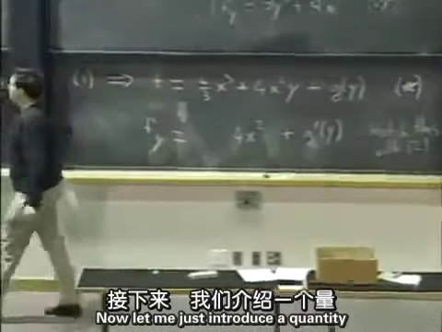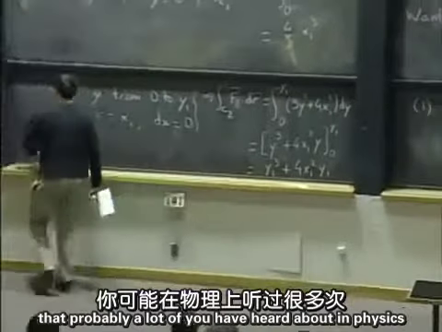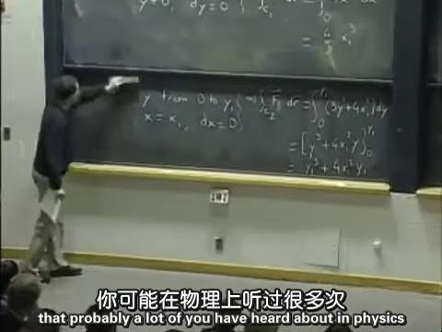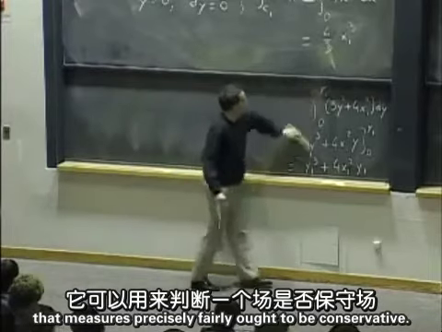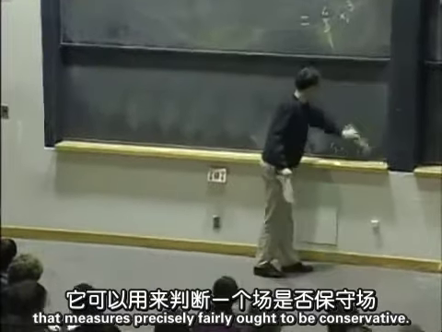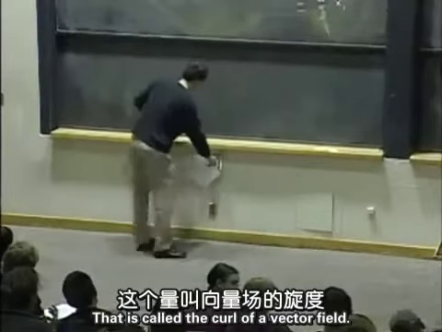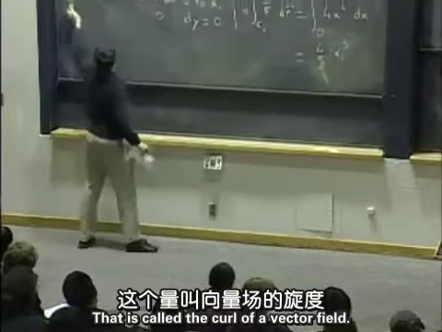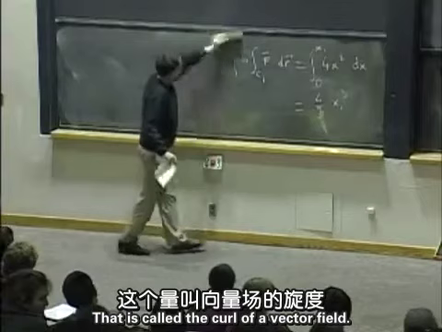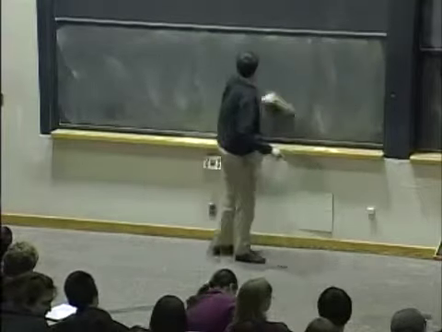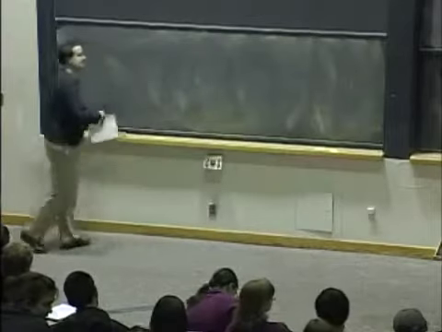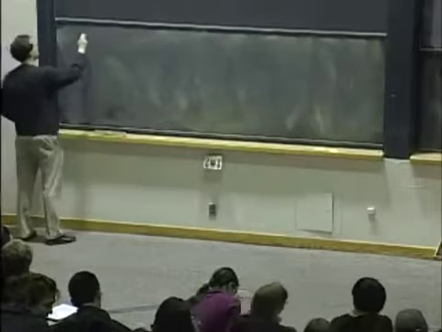So now let me introduce a quantity that probably a lot of you have heard about in physics that measures precisely failure to be conservative. That's called the curl of the vector field.